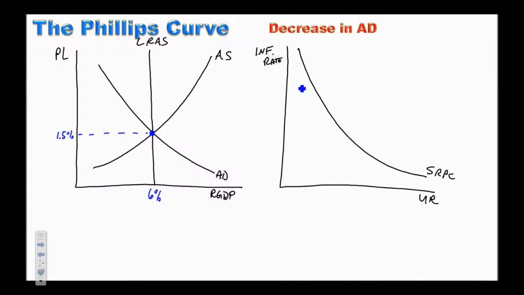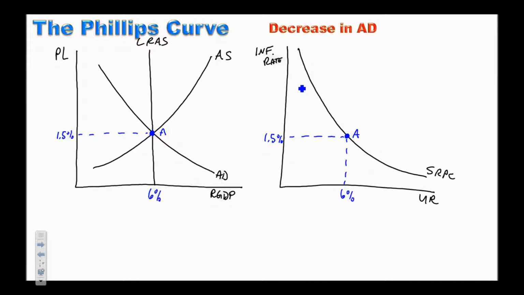Now, this point we'll label A. That's our first equilibrium. If we put that over here on our Phillips curve, point A, corresponding with 6% unemployment, 1.5% inflation.